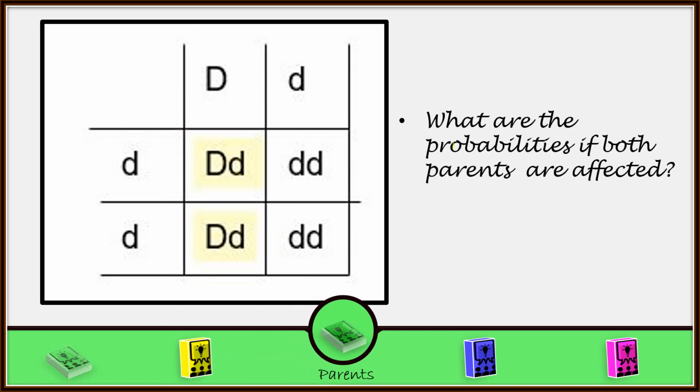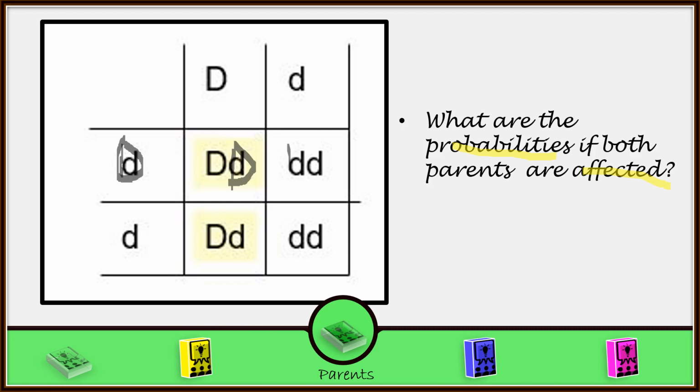What is the probability if both parents are affected? If both parents were affected, what do you think would be the probability? That means that now the lady will also be capital D, small d. Therefore, here we are likely to have capital D, capital D. This one is not viable.